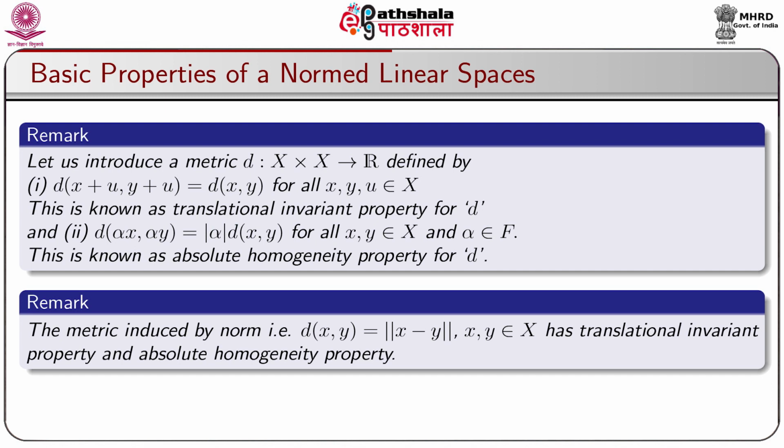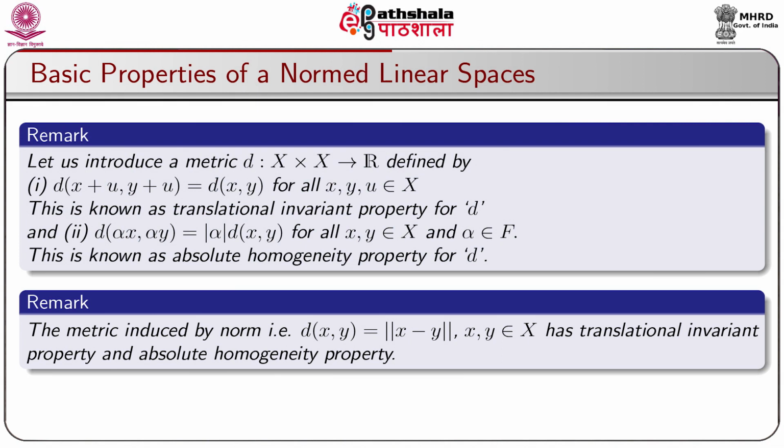Let us introduce a metric d from X cross X to R defined by d(x plus u, y plus u) is equal to d(x,y) for all x, y belonging to X. This is known as the translational invariance property for a metric d.